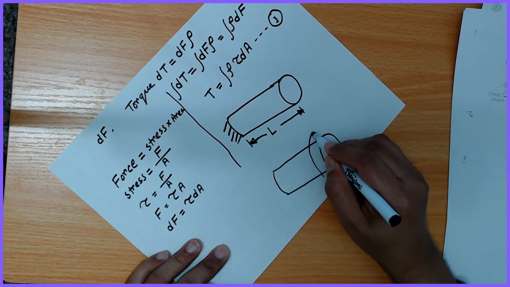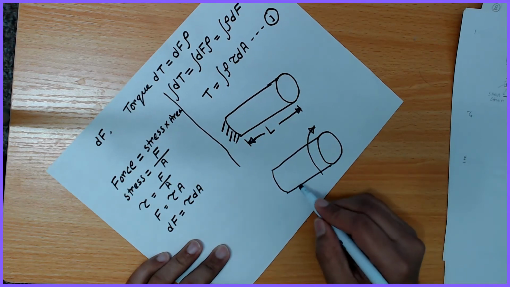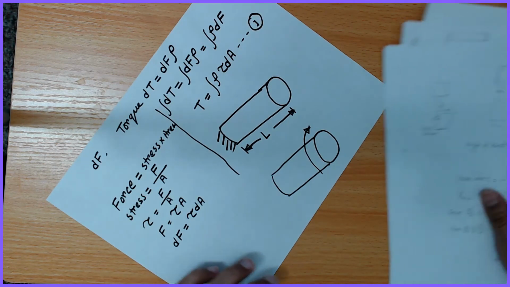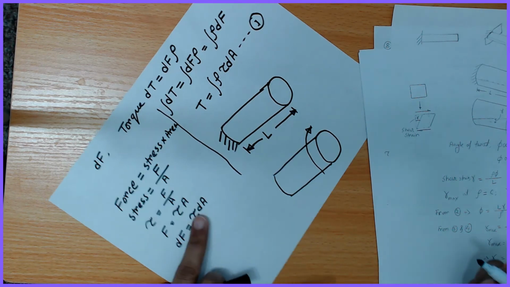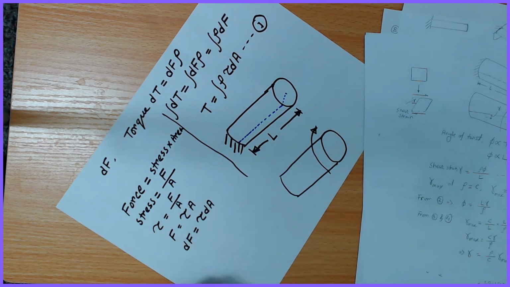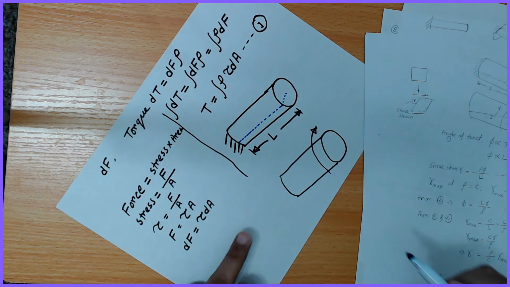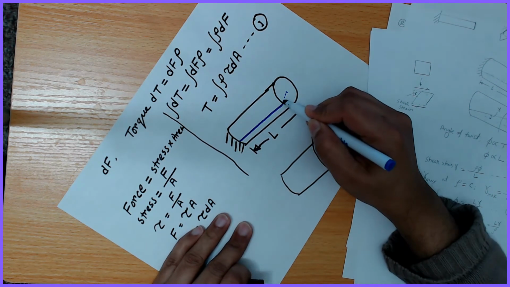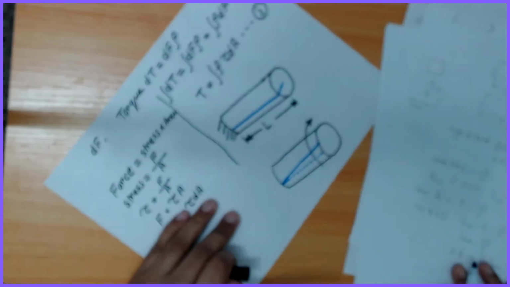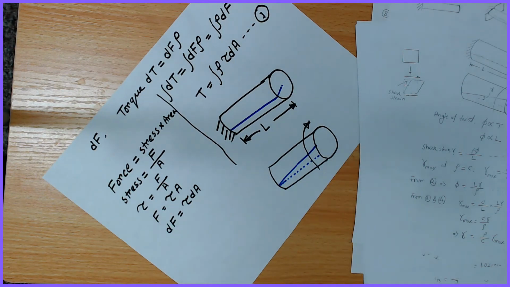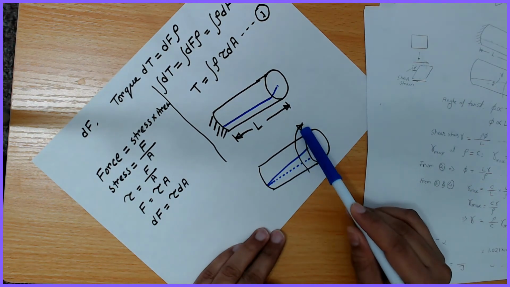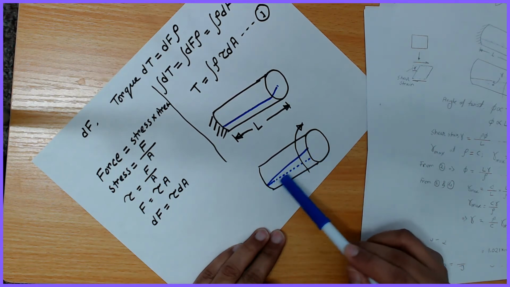Okay, and this is a line, and this line changes to this line, because when we apply torque here, this line changes to that line.